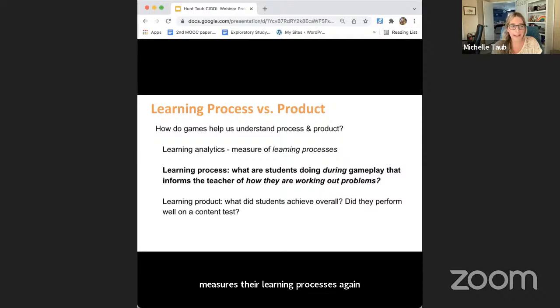Using the analytics will help inform the teachers what their students are actually doing while they're playing Dream to Be. What kinds of strategies are they using? Is this demonstrating their conceptual understanding of fractions? Hopefully it is. We still want to know the learning product, and the gameplay analytics will be able to give us information about both the learning process and the learning product.